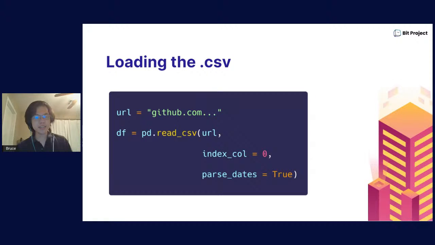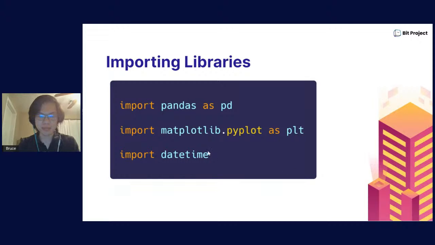Okay, and then like last time, we're going to be loading the CSV. We have the entire link that we've linked in the practice in the Colab, and then we use pd.read_csv, and all this sort of thing. What is parse_dates? Basically, if the reader runs across something that looks like a date in the CSV, it's going to convert it to a datetime object. Datetime, the same datetime as here.